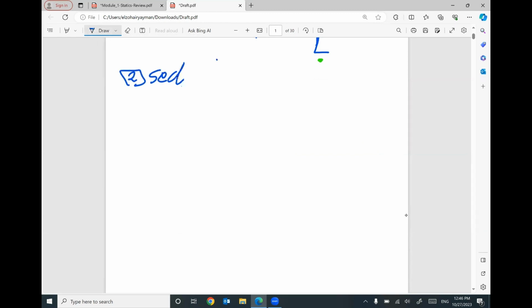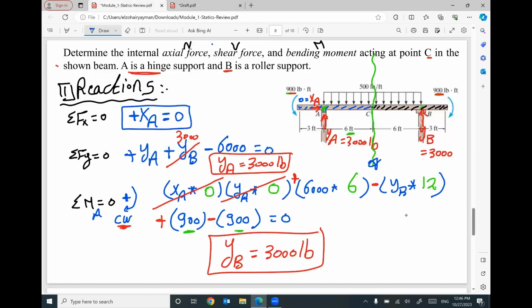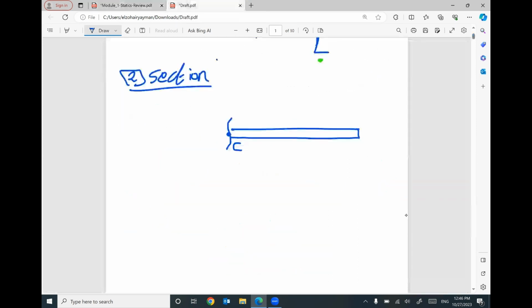After you did the section, I have the right hand side part. Here is your cut. Here is point C. We have at this location point B with a reaction of 3,000 pounds. This is point B, and this is reaction YB. And we are given here 900 pound-foot.